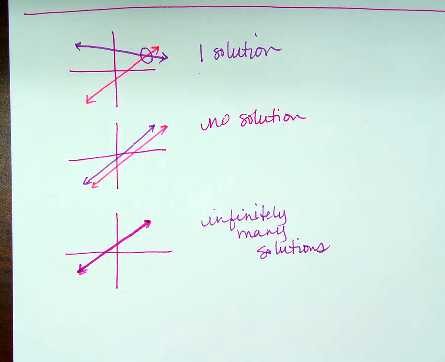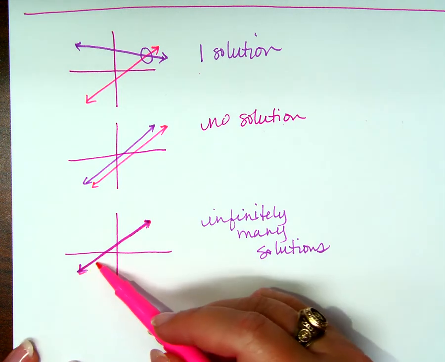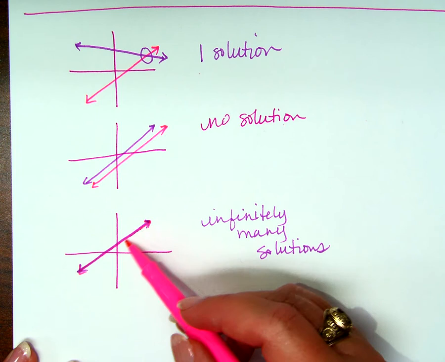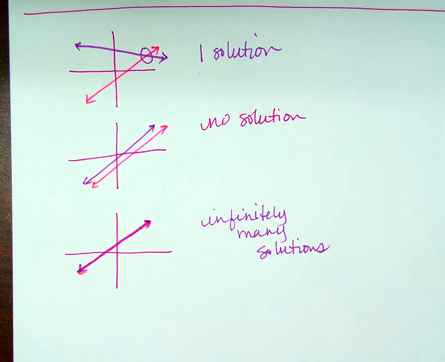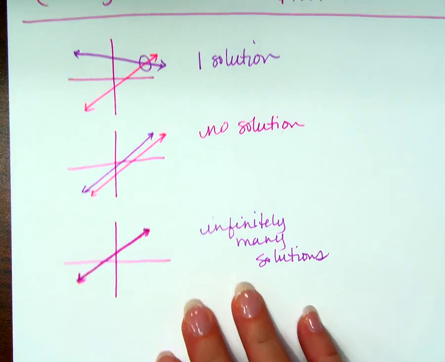You know when you write something and it looks wrong and you don't know if it's wrong or not? Is infinitely right? I'm pretty positive it is. Okay, so any point along this line is also on the other line. So any point is a solution to the system. Just making sure we remembered that, right?